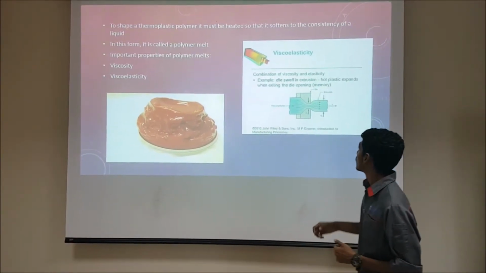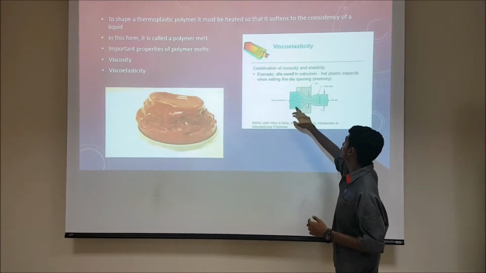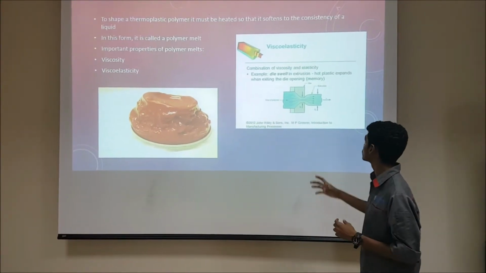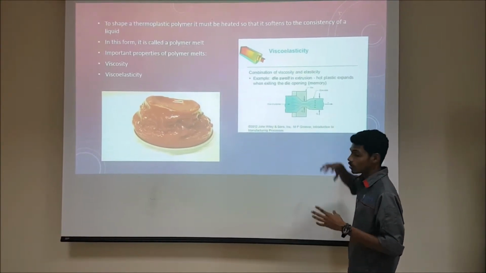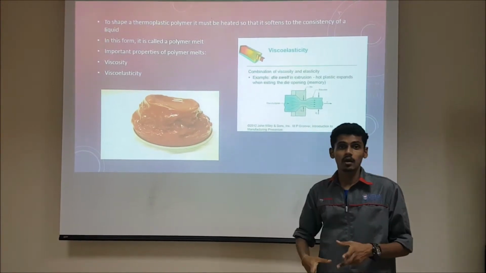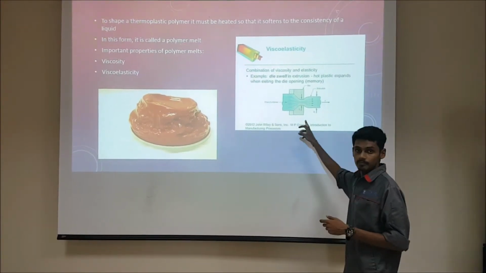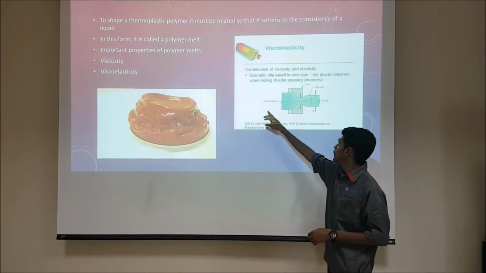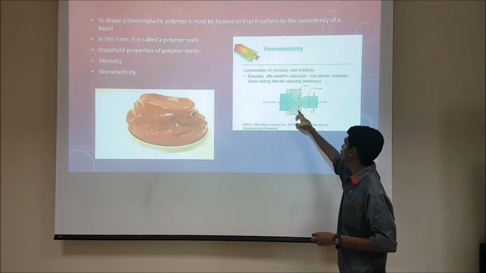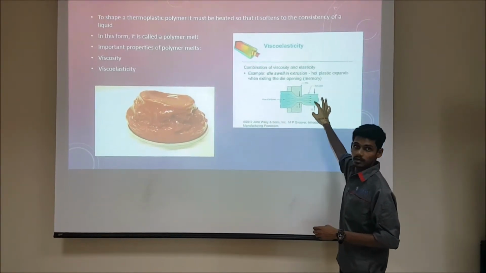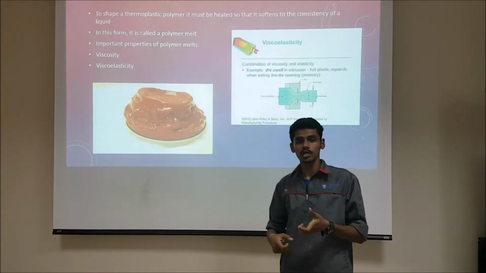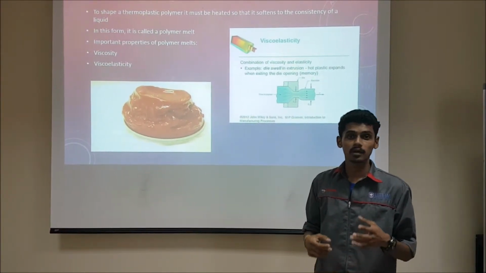Viscoelasticity means the plastic remembers its original position and expands a bit when it is let through the die. For example, they let it through the die and then it expands a bit, so it becomes a continuous round shaped material.